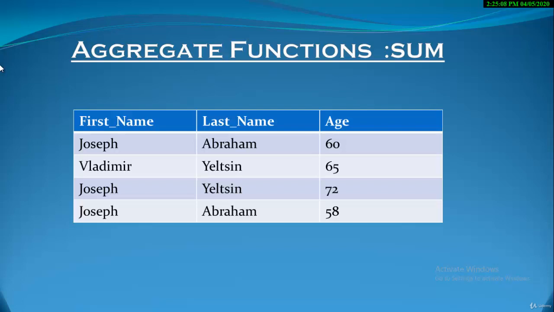For this, SQL Server gives you an aggregate function, sum. The syntax of the sum aggregate function is select, keyword sum, bracket, name of column, from table name. For this example we have selected the employee table.